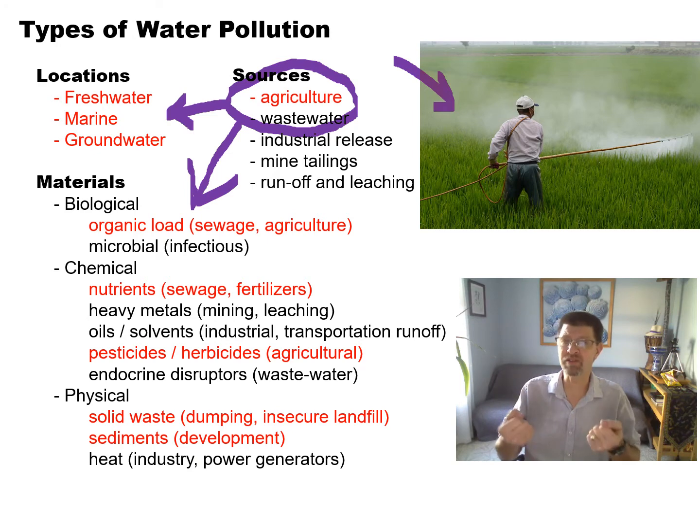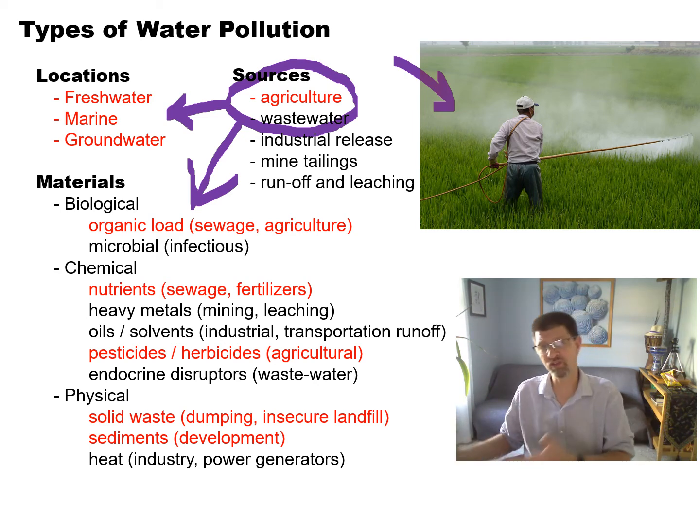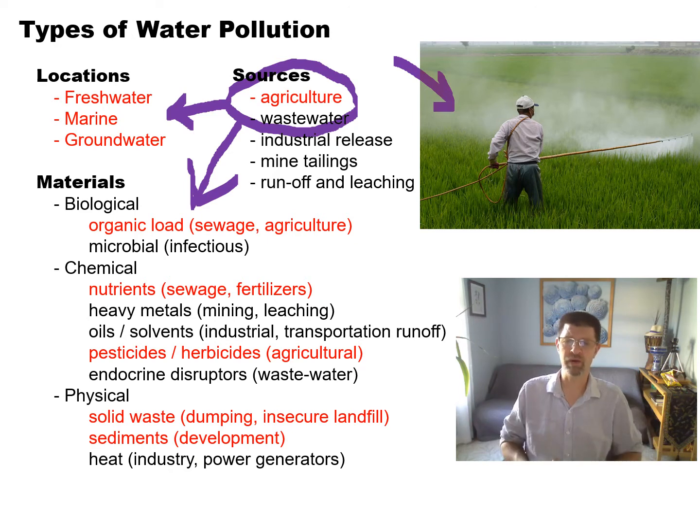And in the process, they consume oxygen out of the water. And as a result, if there's a lot of organic matter in the water, then the bacteria use up all the oxygen and it becomes very difficult for any other organisms to live there. So other things like fish and small aquatic invertebrates and things that we would like to have in our waterways, they actually tend to die off when there is too much organic matter in the water.